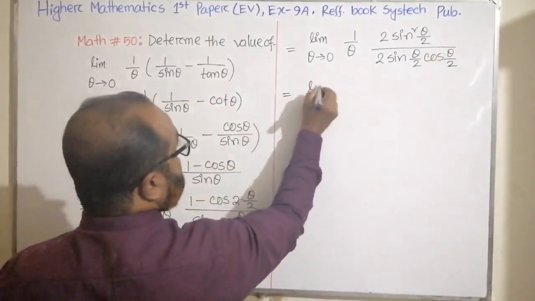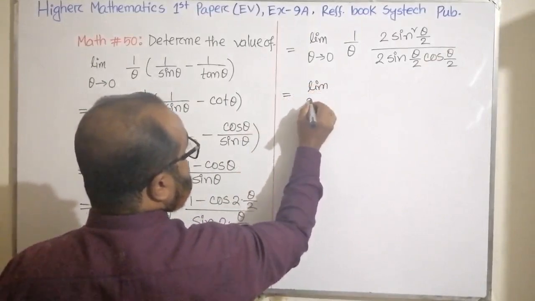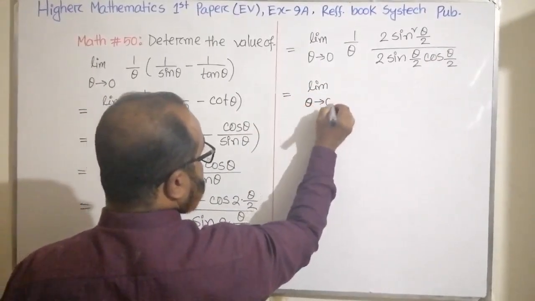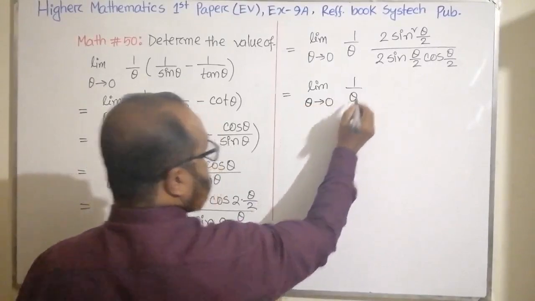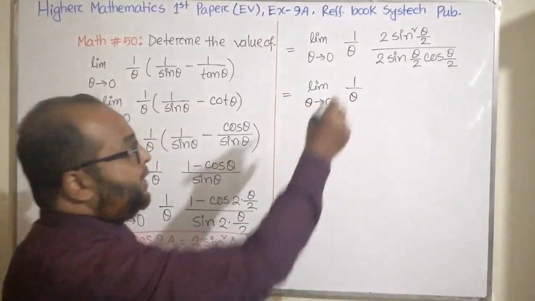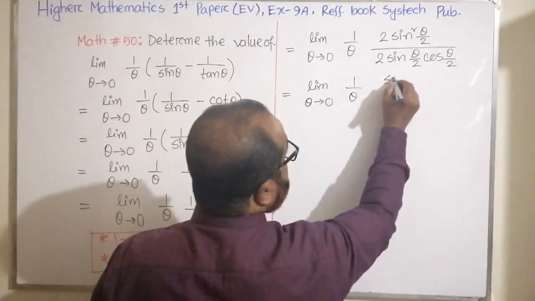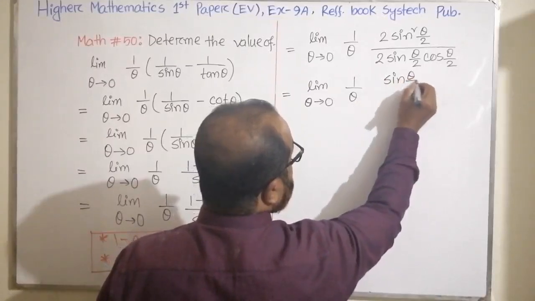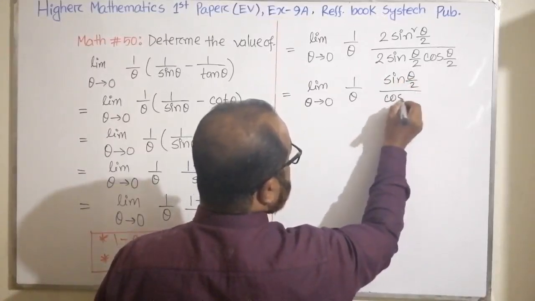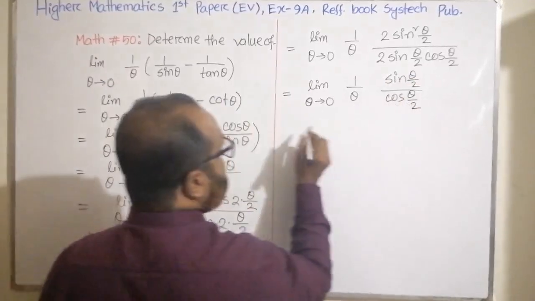This equals limit theta tends to 0, 1 by theta. Finally here we get sin theta by 2 divided by cos theta by 2.